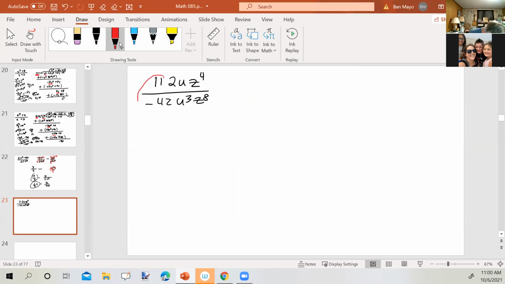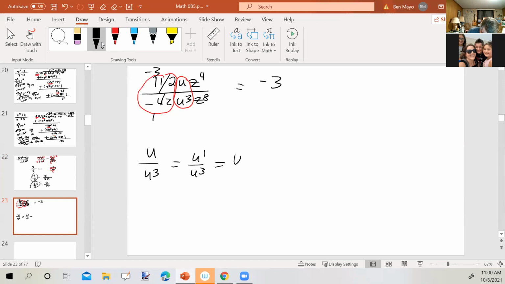So 112 over negative 42 would be negative 3, because this would reduce down to negative 3 over 1. U over u cubed is like u to the 1 power over u cubed, which is like u to the 1 minus 3 power, which is u to the negative 2 power, which is 1 over u squared.